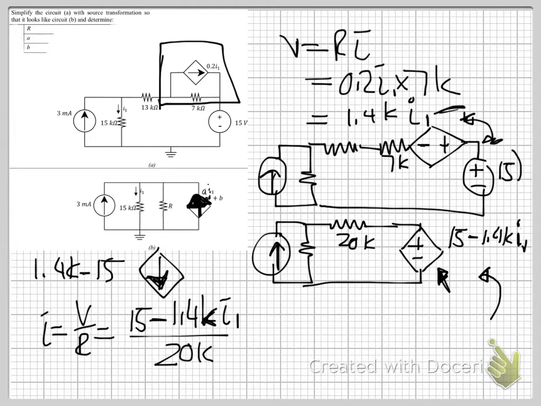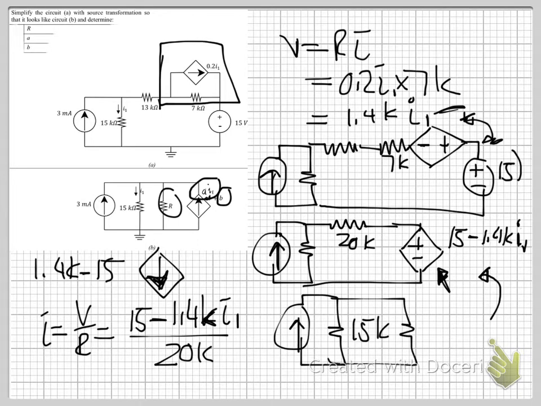This is where you will be able to determine your value for A, because your A value is the coefficient of I1. Your A value and your B value can be determined from this, and your R value is 20K, because after source transforming it, that's your 15 there, you'll have your 20K there, and then your current source like that. And that's the first question.